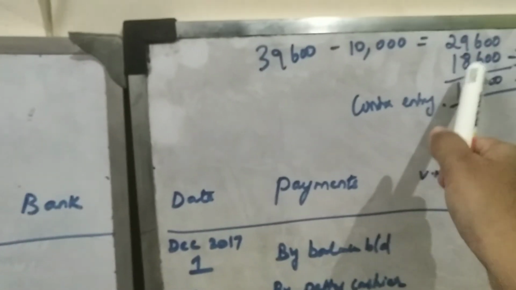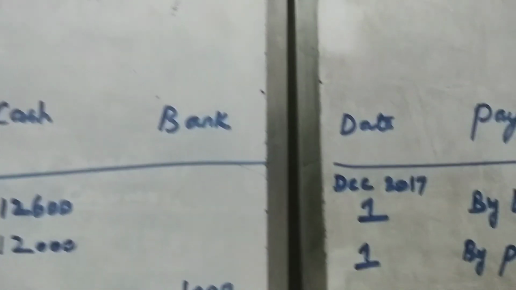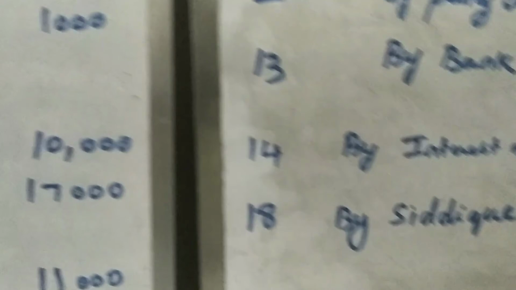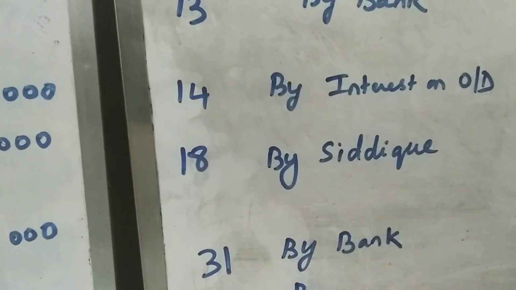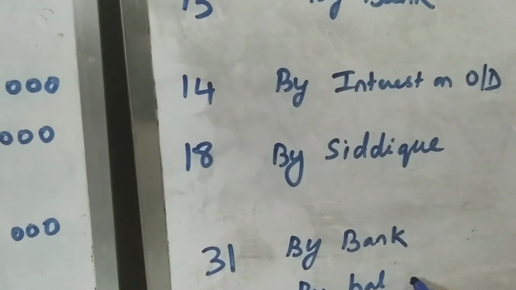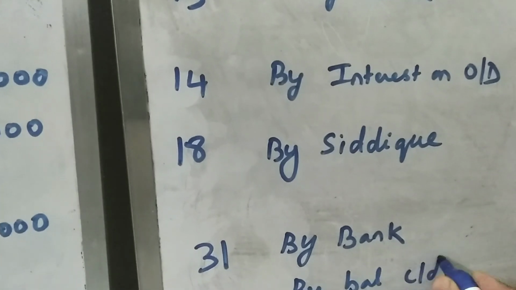Now as I told you, you will have only 18,600 as a closing balance of cash. On 31st, you will write by balance carry down.